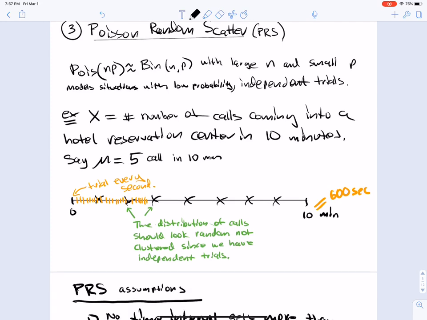So here's some picture. On average, we get 5 calls per minute, but in this particular 10 minutes, we got, I think, 8. The trials of calls, these hits where we get calls, should look random, not clustered, since we have independent trials all with the same p.